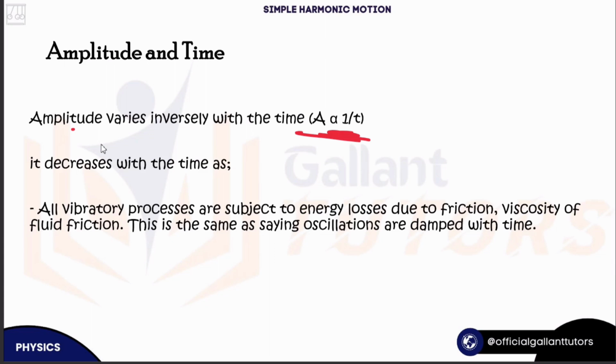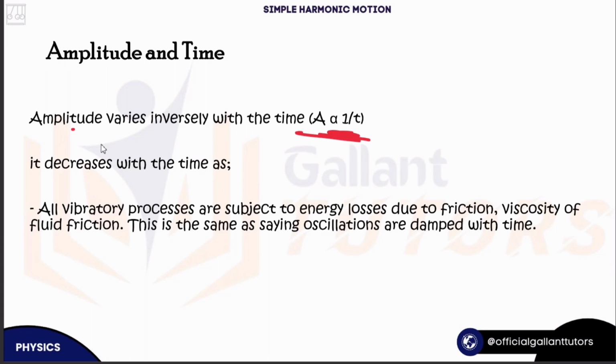So what I'm trying to say in this statement is that an oscillating system will not continue in that state forever, except energy is constantly being put into the system. So in reality, an oscillating system is susceptible, or vulnerable, to being damped.